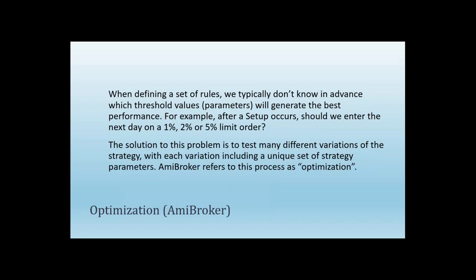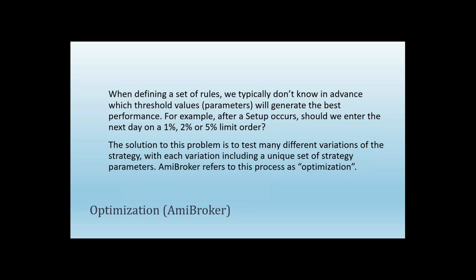All right, when we define a set of rules for a quantified strategy, we typically don't know in advance which parameter values are going to generate the best performance. And even the term best performance is something that's up for discussion, right? Because what I consider the best performance of a strategy might be different than what you consider the best performance.